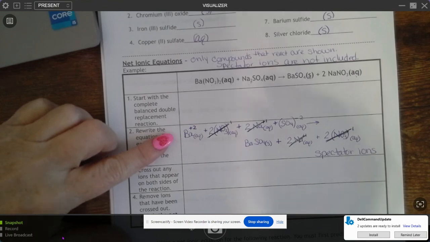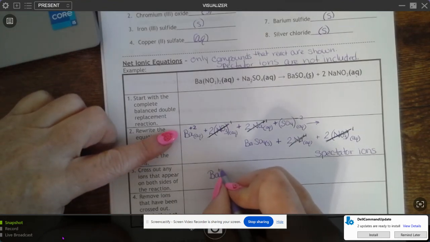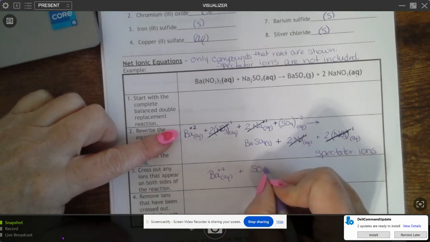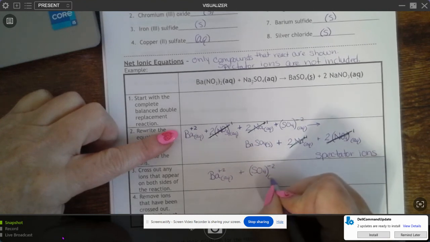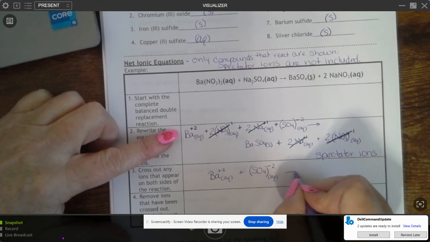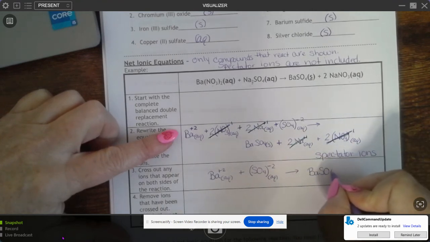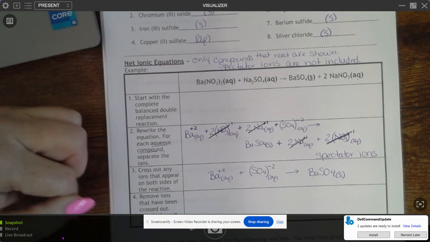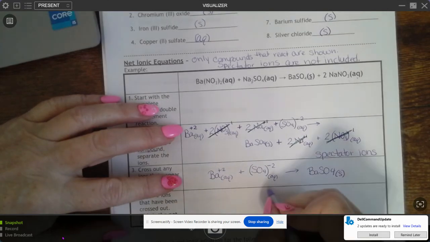What matters in the reaction is that we start with barium +2, and we combine it with sulfate -2, and what we make is barium sulfate solid. So this is our net ionic equation.